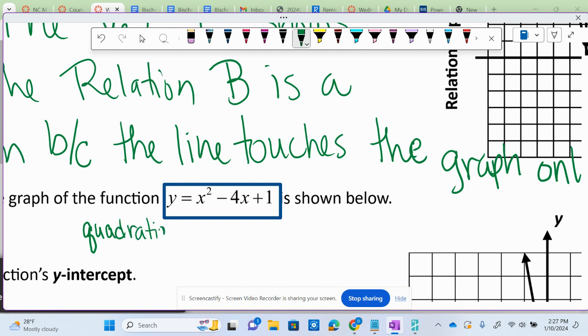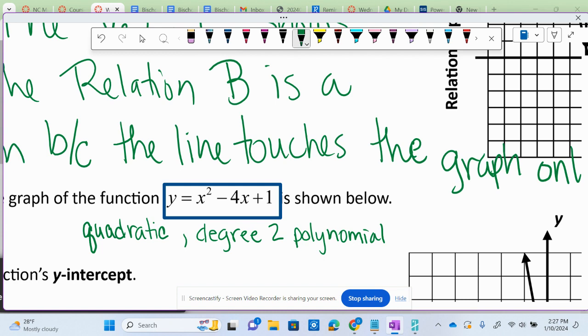Yeah, it's called a quadratic. And it's called a quadratic because it is a degree 2 polynomial. Now, I know these are things that you maybe forgot, but you've heard them before. So it's a quadratic because it's degree 2.